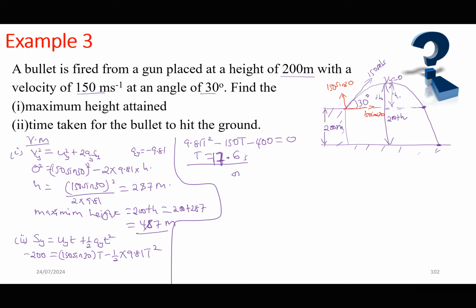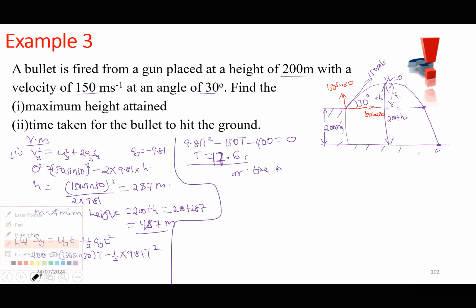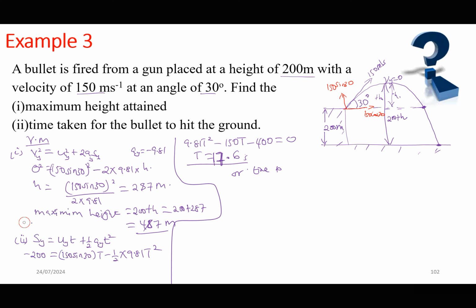I'll give another alternative. Alternative 1, I'll find time to maximum, to the highest point. Time to the highest point, I'll call that one T1. And I'll get it from V equals U plus AT.